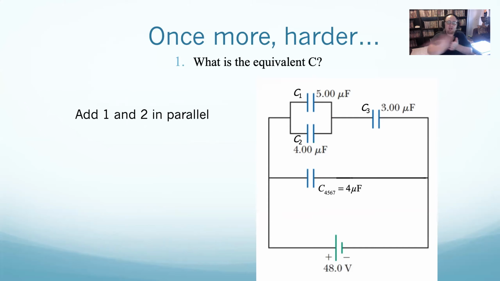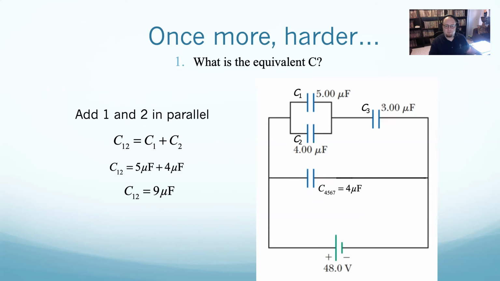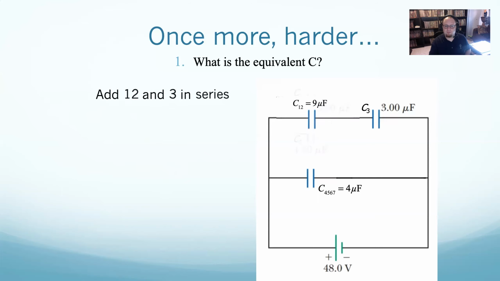I can then say, okay, up top, 1 and 2 are in parallel. So I can add them up. C12 is just 5 plus 4, which is 9. So I'll reduce them to 1 capacitor. That gives me C12 and C3 in series. Well, series, that's another inverse thing.